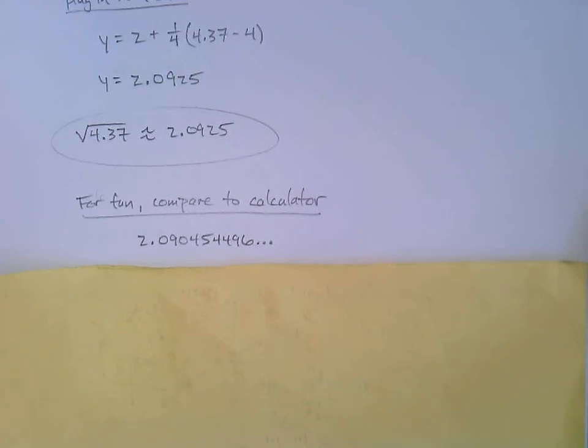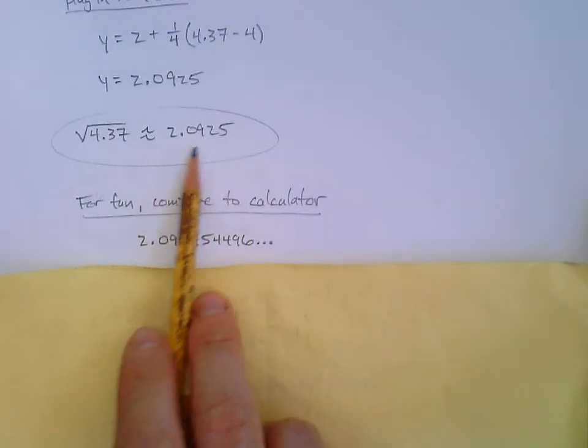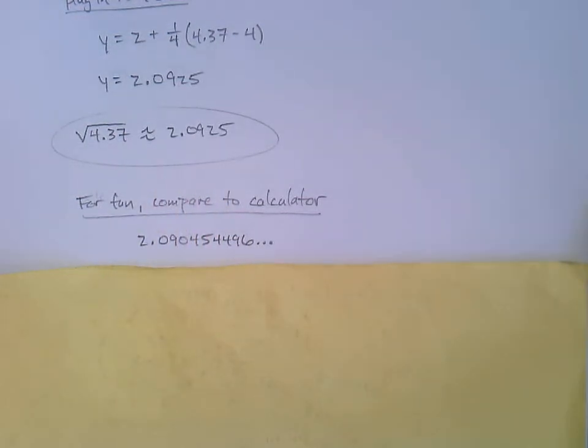So if you were designing some kind of new piece of engineering or trying to build a bridge or coming up with a new tool back in the 16, 17, 1800s, and you needed square root 4.37 for whatever you were doing, man, this number right here is going to be more accurate than probably whatever tool you're using to measure, right?